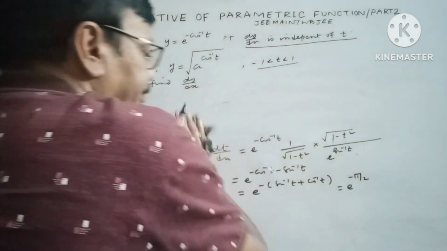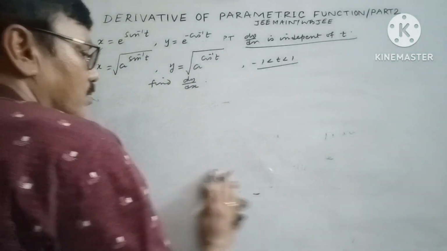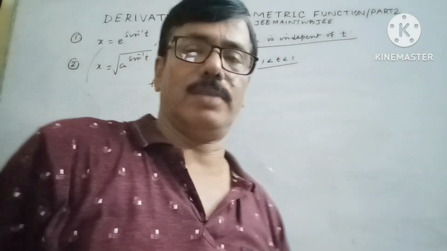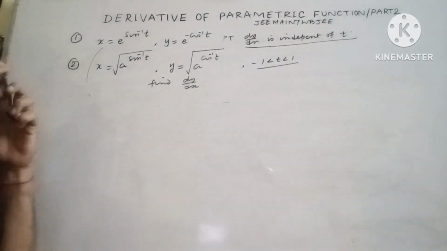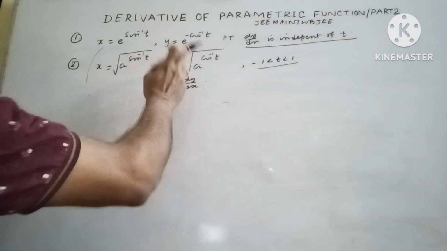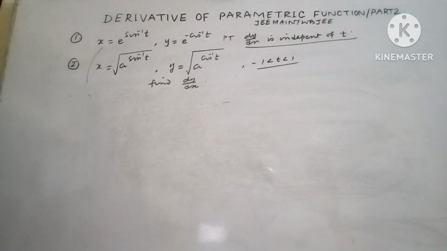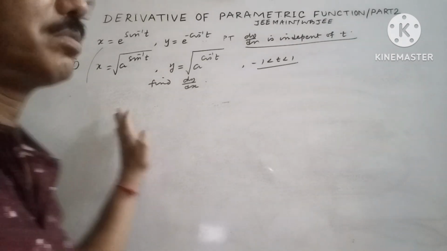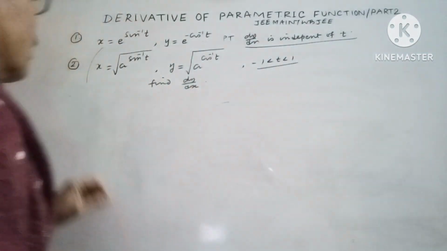Now the second one. They are the same type of problem, a to the power. So you can perform the derivative directly or you can use the property of inverse circular functions.